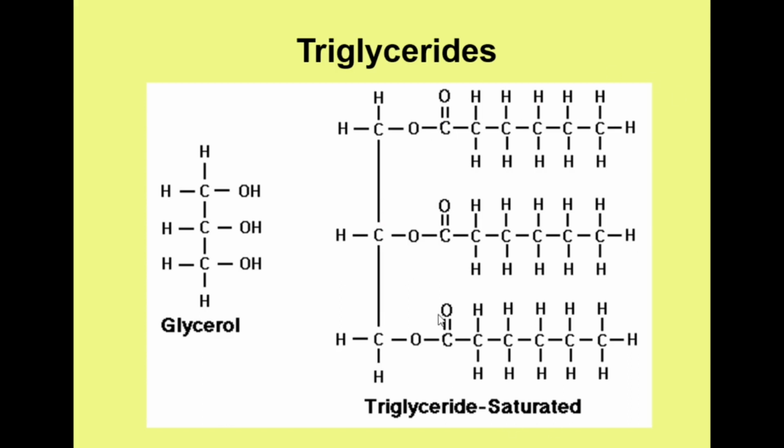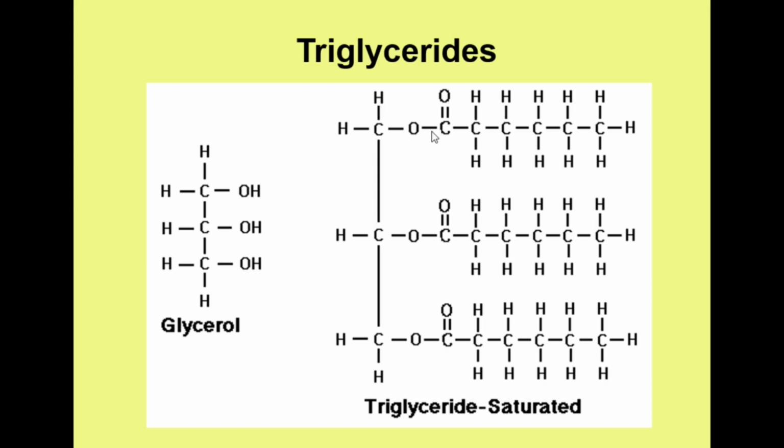Once that's happened, then we start to get something like this. These are made up of slightly shorter fatty acid chains, but it's the same principle. We started off with a glycerol molecule, which we can see here with our 3 hydroxyl groups. Here is our glycerol molecule now after it's undergone the process of dehydration synthesis. So here's the oxygen. If we look at this oxygen here, we can look up now, and that's here.